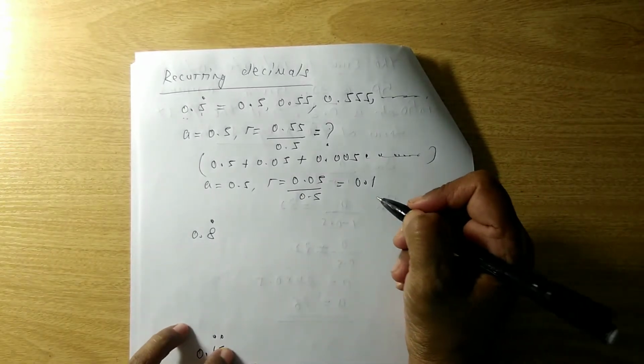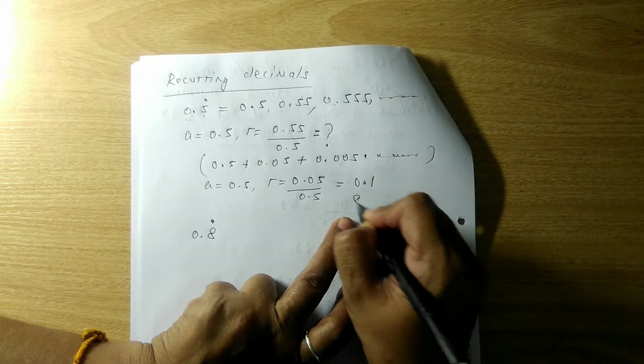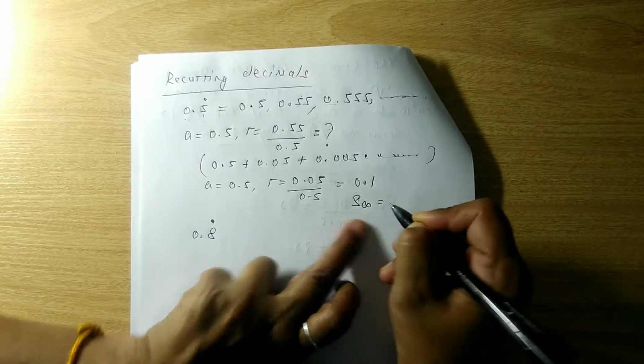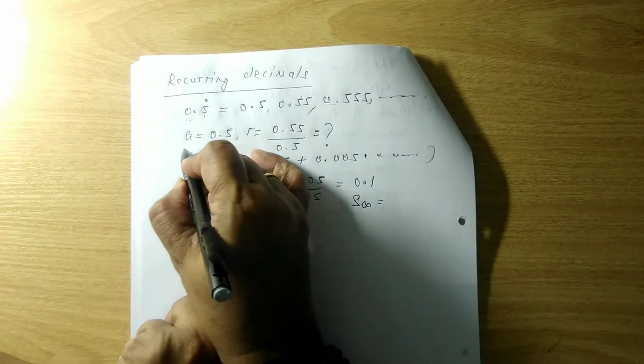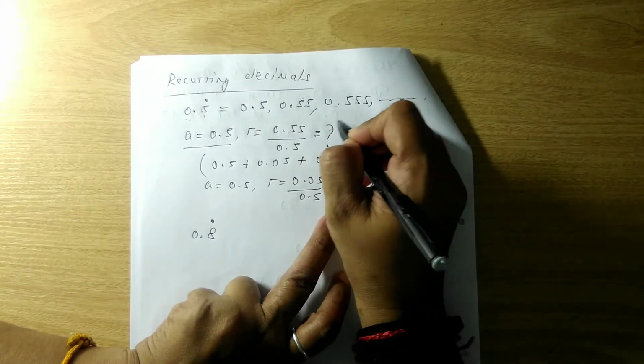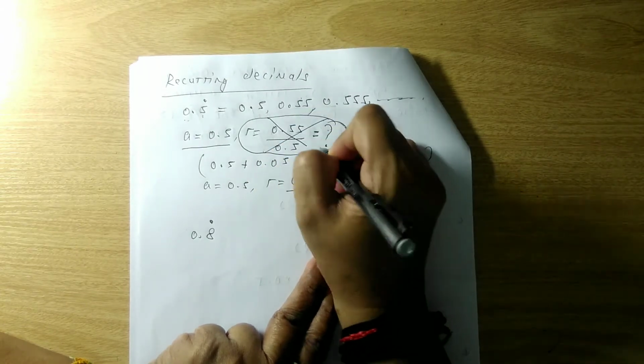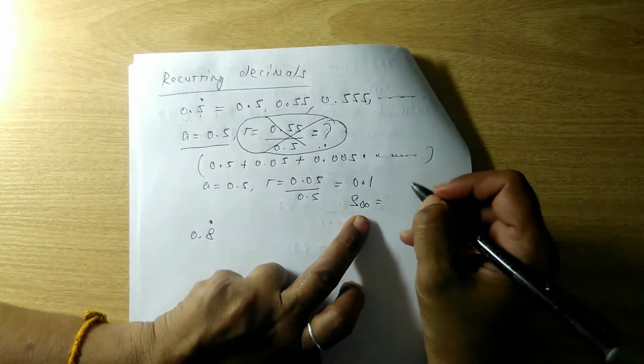Alright, so that means now my S infinite is A, which is 0.5 here. We don't use this method, alright?